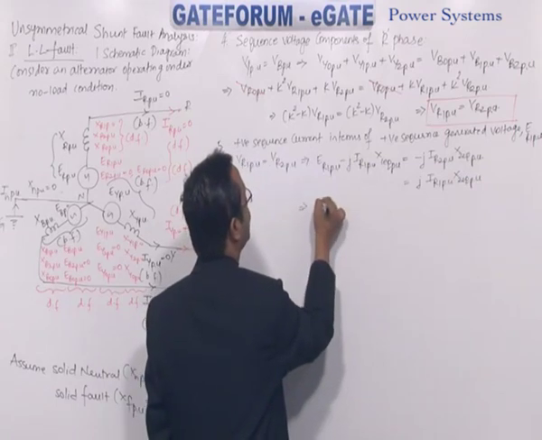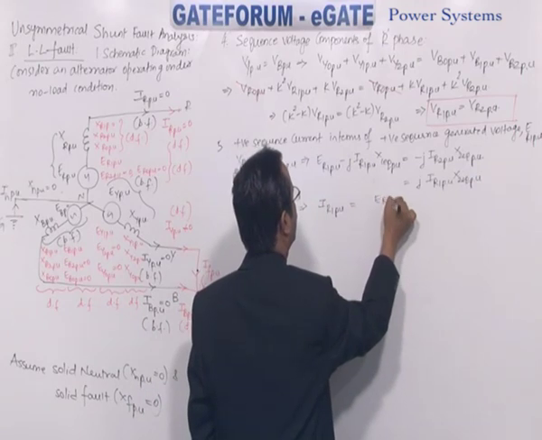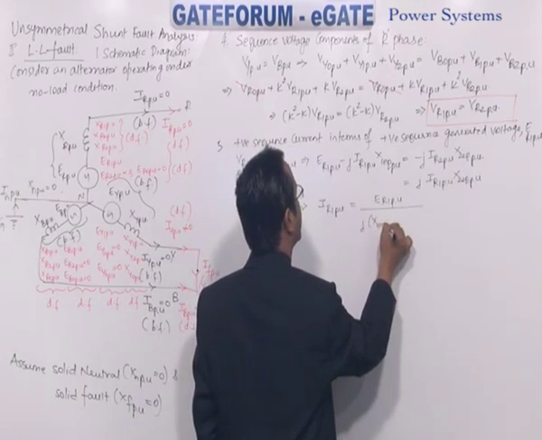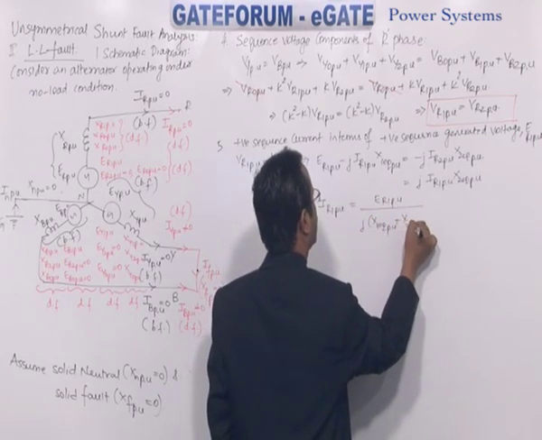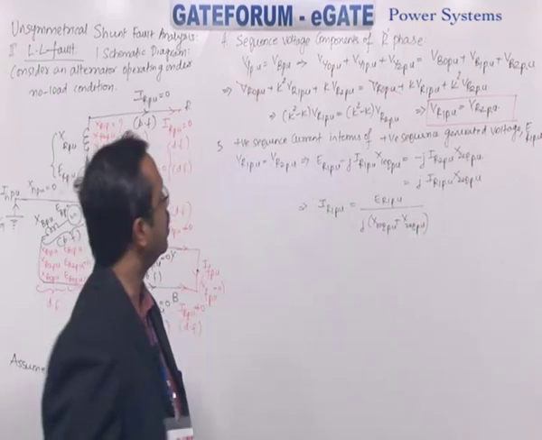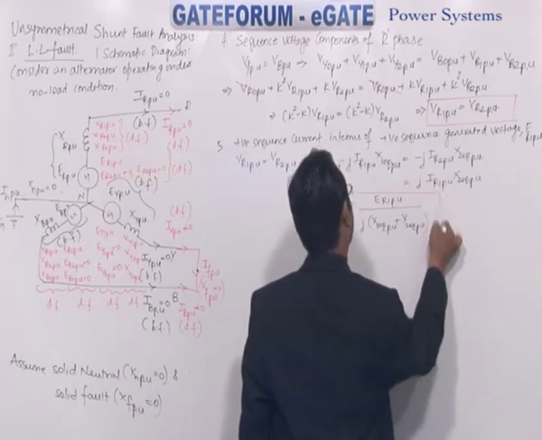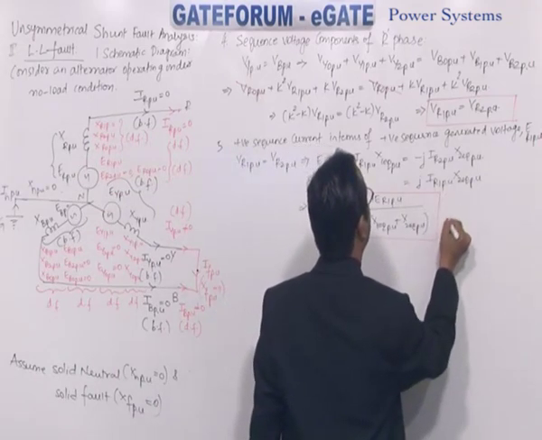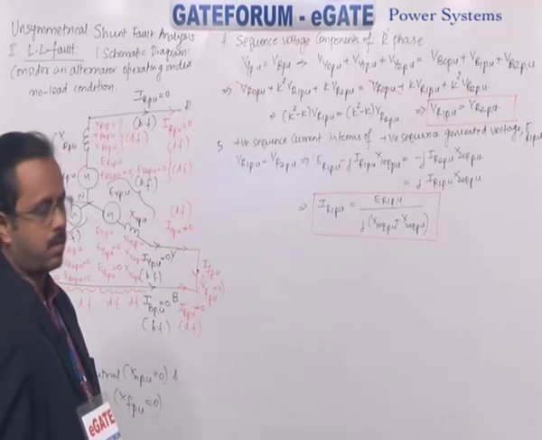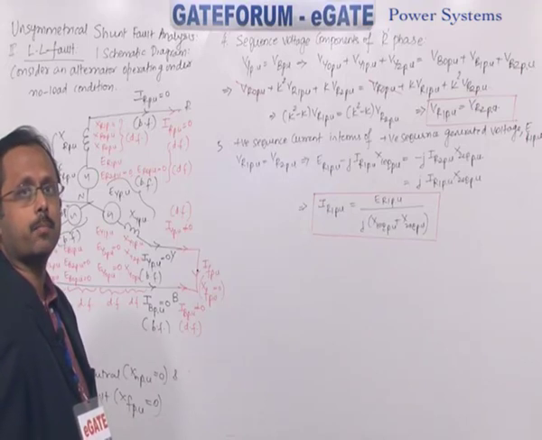So simplify this one and find what is IR1 per unit. How much it is? ER1 by J times X1 equivalent plus X2 equivalent. So positive sequence current in terms of positive sequence generated voltage ER1 per unit.